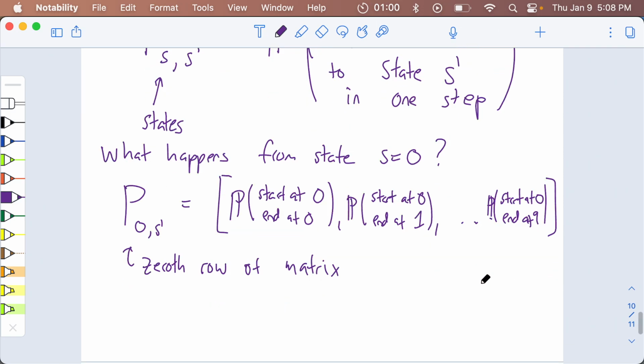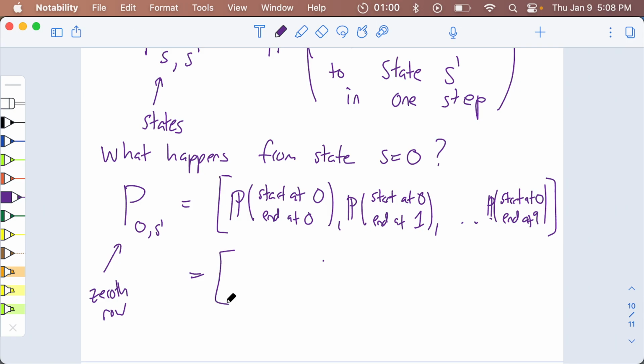And we actually calculated this. The 0th row: if you start at 0, can you end at 0? No. And there's a 1/6 chance to be at 1, a 1/6 chance to be at 2, a 1/6 chance to be at 3. So you can either roll a 1, 2, or 3 to be at squares 1, 2, or 3.